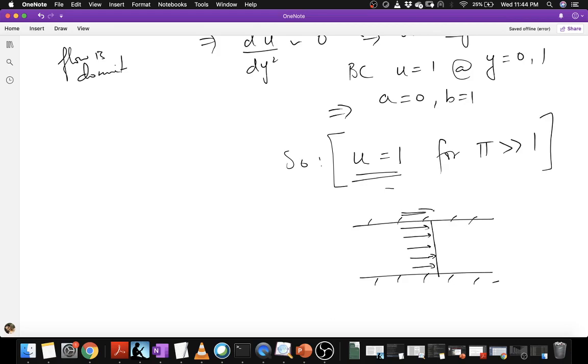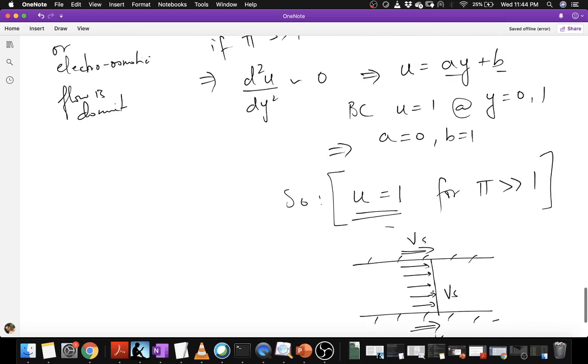Because at the walls I would be driving it with Vs. And everywhere this velocity is Vs throughout the domain. Because I'm saying that the pressure gradient has no effect and the viscous forces don't really play a role if there is no shear, if there is no way to retard the flow.